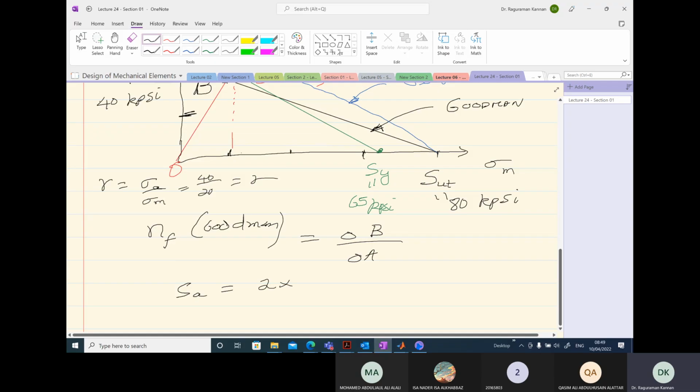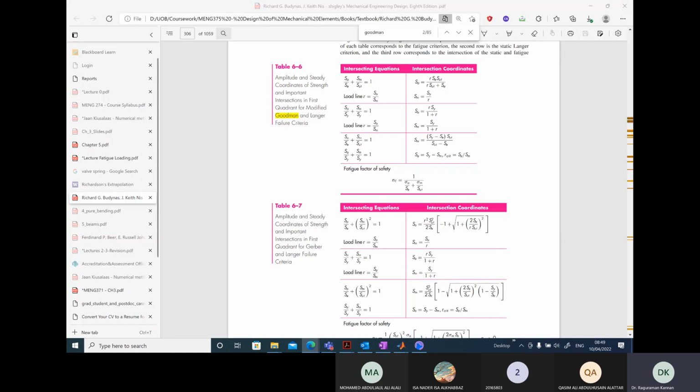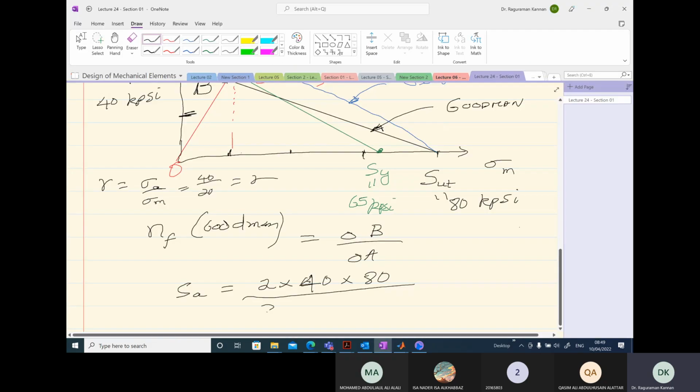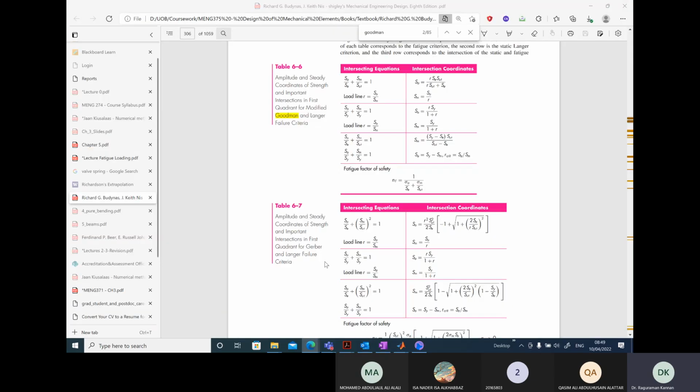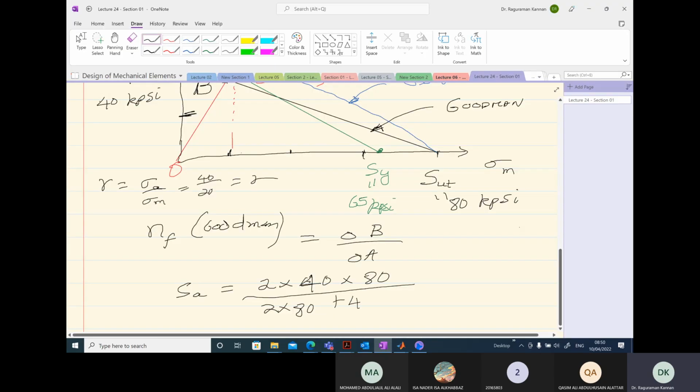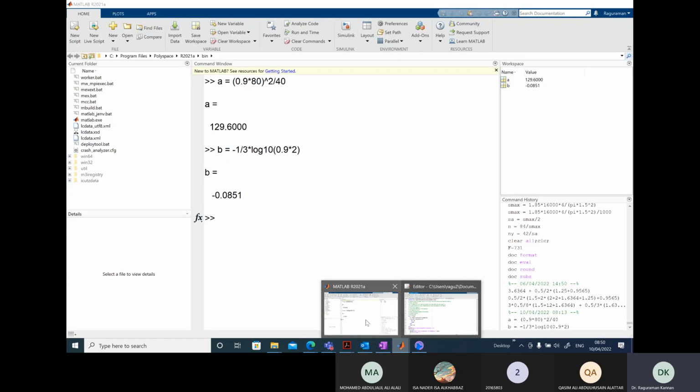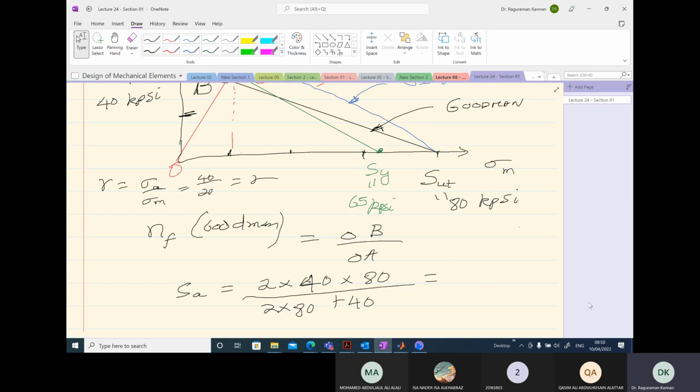R is 2, the SE value we already know is 40, and the SUT value is 80. So 2 times 40 times 80, divided by 2 times 80 plus 40, gives me the intersection point.